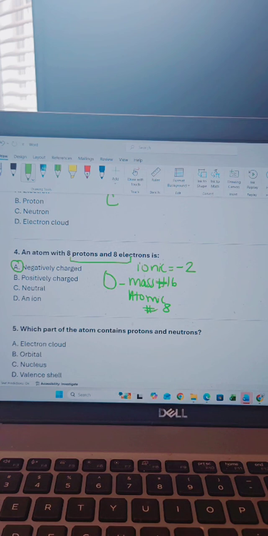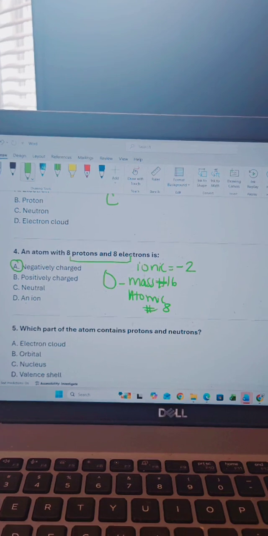And no, you don't need to know. Celebel, I'm glad you asked that very good question. You do not have to know the mass number if you only look at the protons, because the protons identify the element.